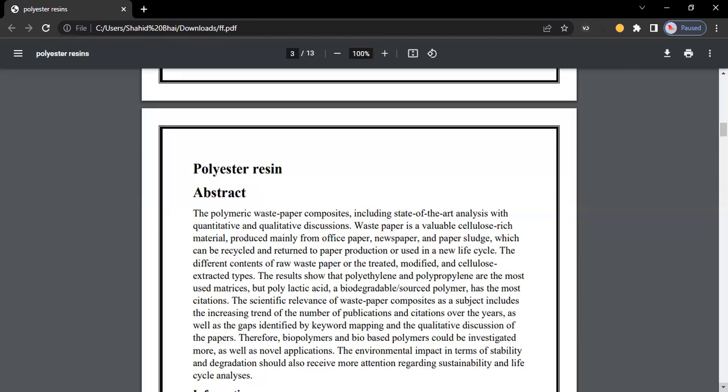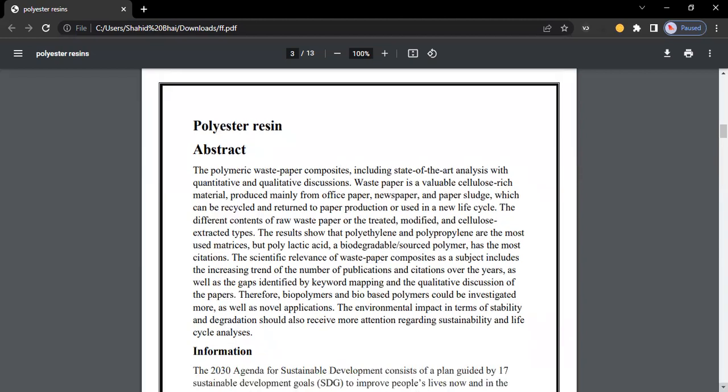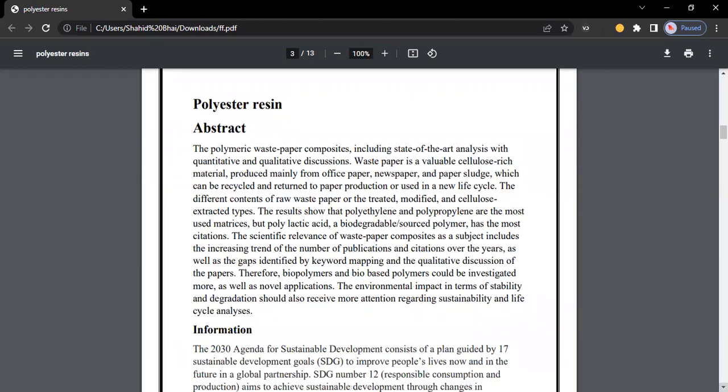The scientific prevalence of the waste paper composite subject, including the increasing trend in the number of publications and citations over the years, as well as the gaps identified, the keyword mapping and the quantitative discussion of the papers. Therefore, biopolymers and bio-based polymers could be investigated more, as well as novel applications.